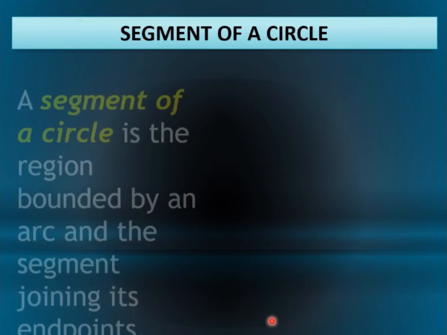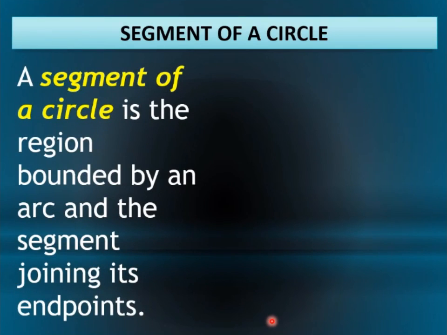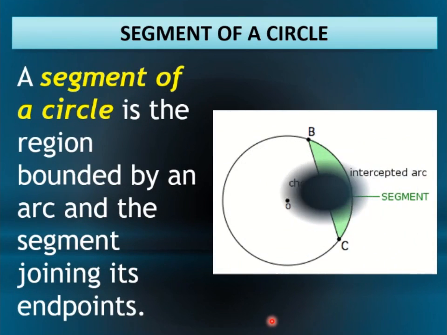Segment of a circle. A segment of a circle is the region bounded by an arc and the segment or chord joining its endpoints. So this region, the colored region, is called segment of a circle.